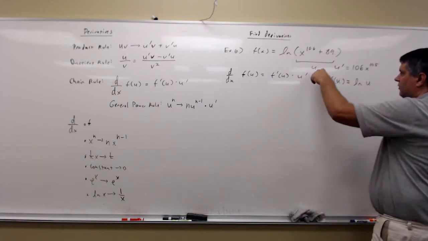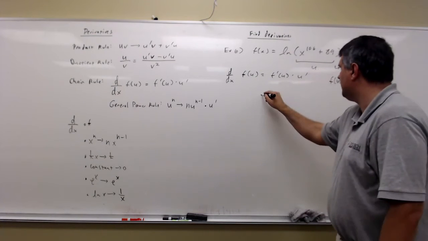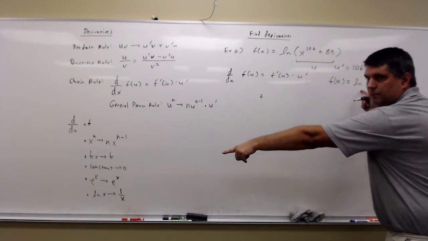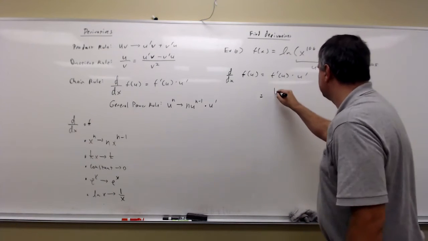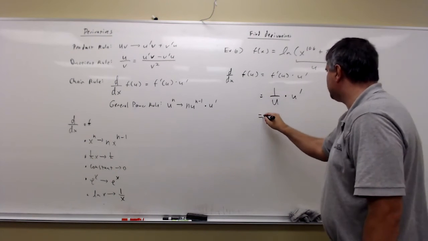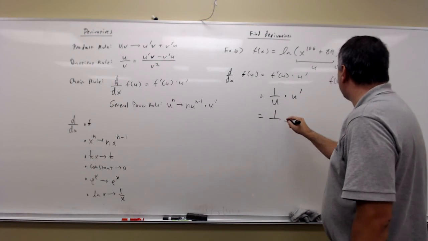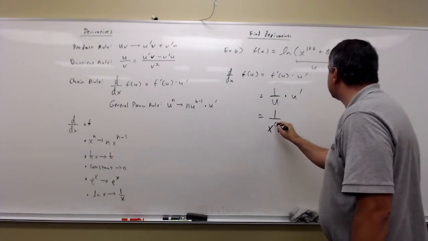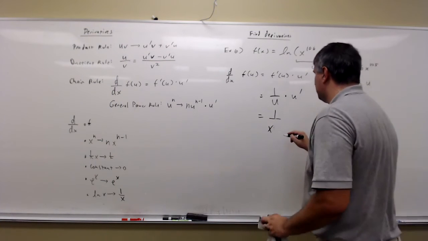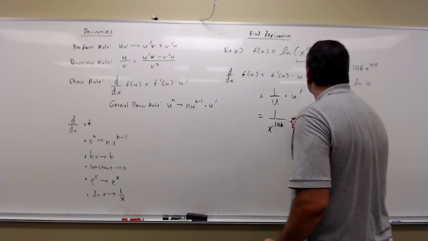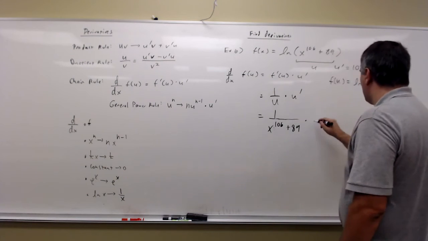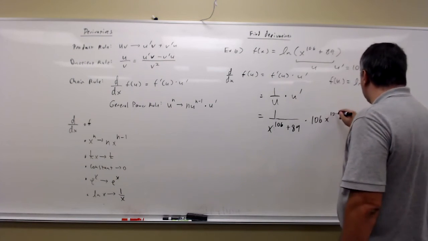So f prime of u would therefore be 1 over u, times u prime, which is 106 x to the 105th.